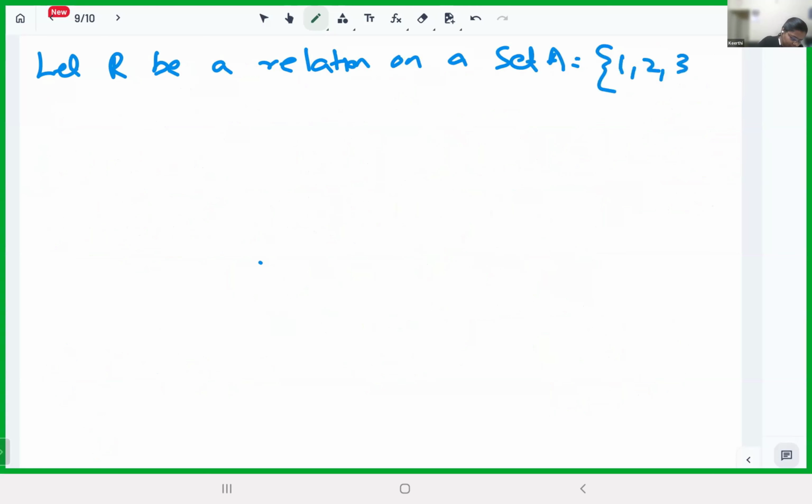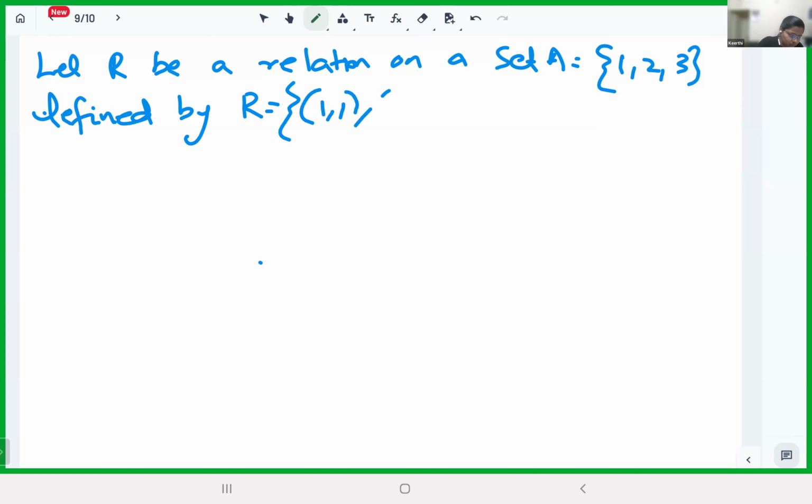Let R be a relation on a set {1, 2, 3} defined by R equal to the ordered pairs (1, 1), (2, 2), (3, 3) and (1, 3).